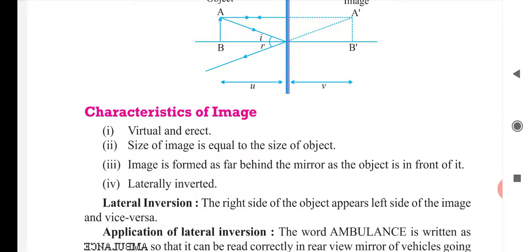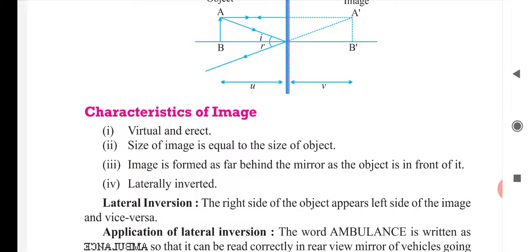Lateral inversion means that the right side of the object appears as the left side of the image, and the left side of the object appears as the right side of the image. This is what we call lateral inversion. As in the example, if you raise a right hand, in the image you will see the left hand raised.